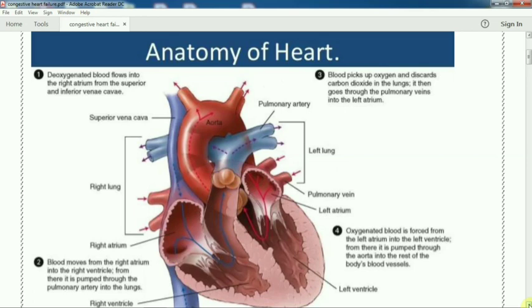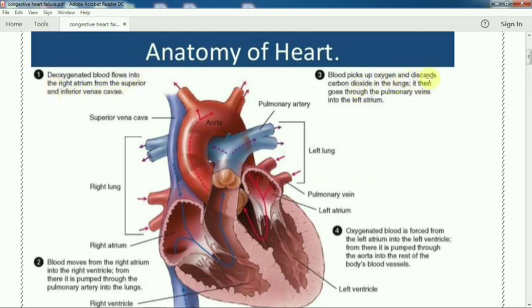That means the major problem lies in the left side, which is responsible for supplying the whole body. So, point number one: deoxygenated blood flows into the right atrium from the superior and inferior vena cava.